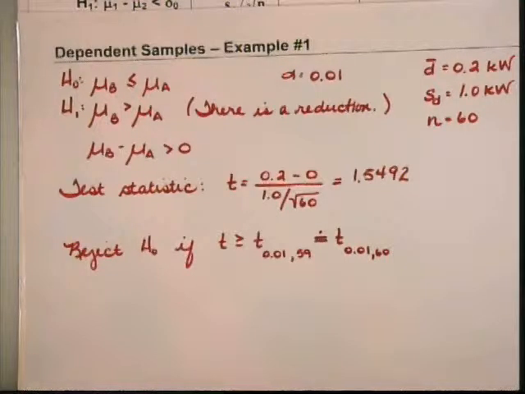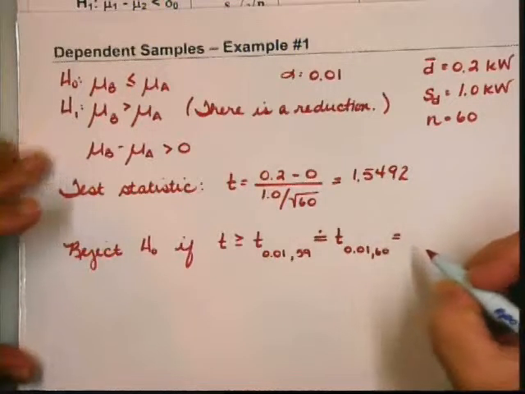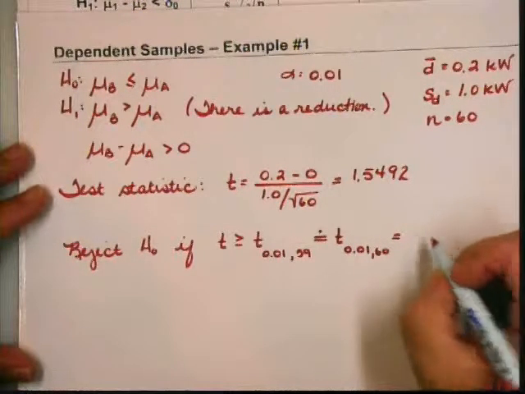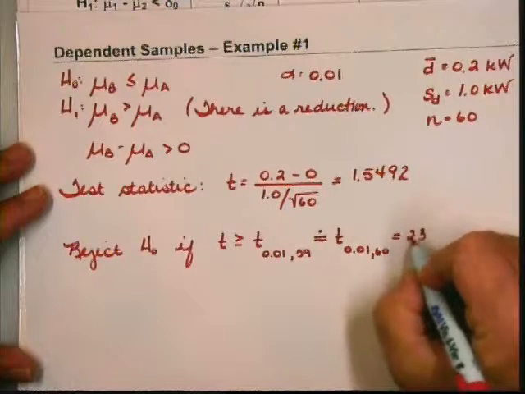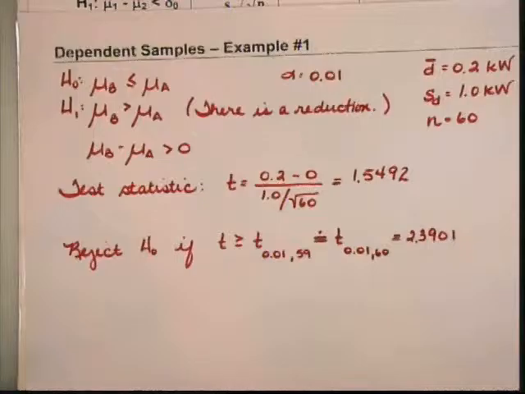So the critical value for 0.01 right-hand area and 60 degrees of freedom, that critical value from the table is what? Yeah, 2.3901. Let's try to write the 3 first. What's our decision?